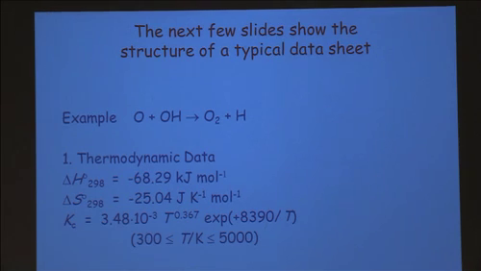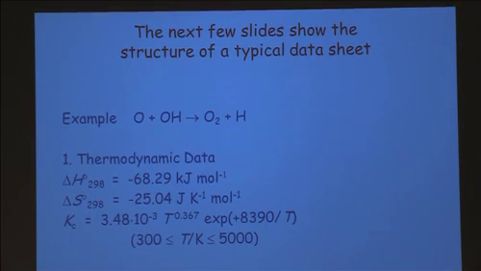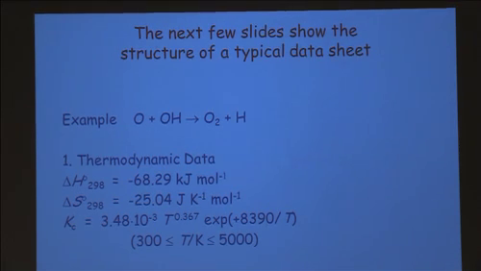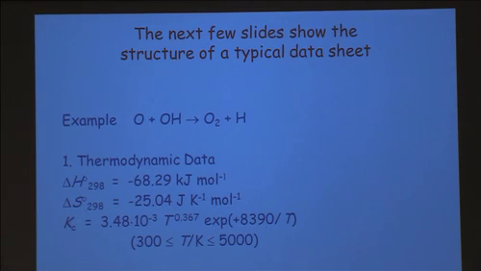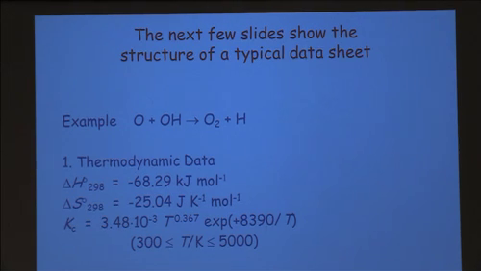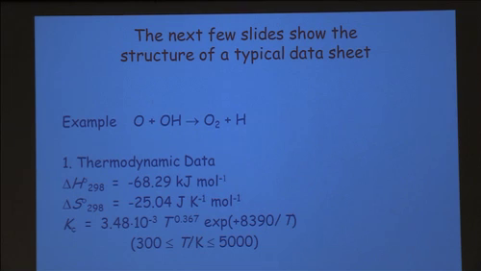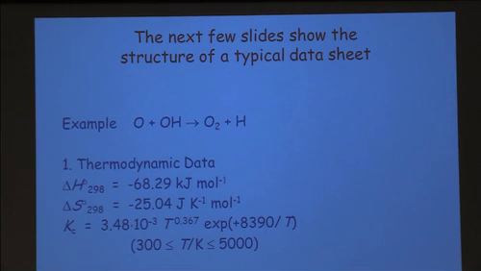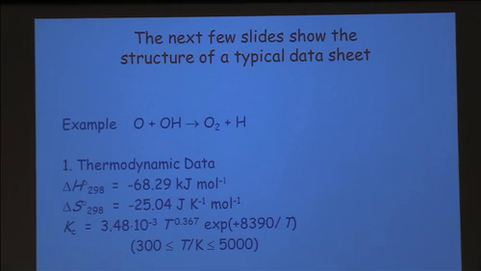And the next few slides are taken from an evaluation for a particular reaction and show you the structure of these sorts of evaluations. And this is done for many, many reactions. I strongly urge you to have a look at this journal and at this particular paper, simply to see what's going on.